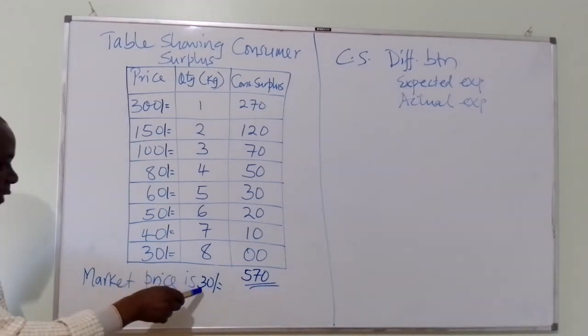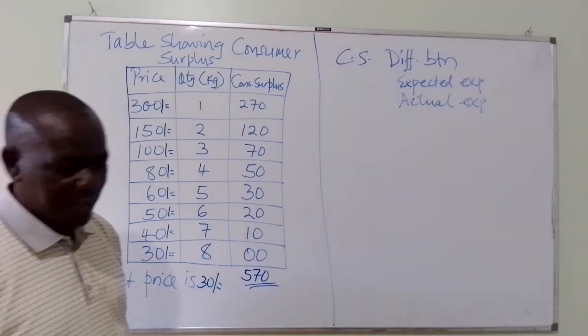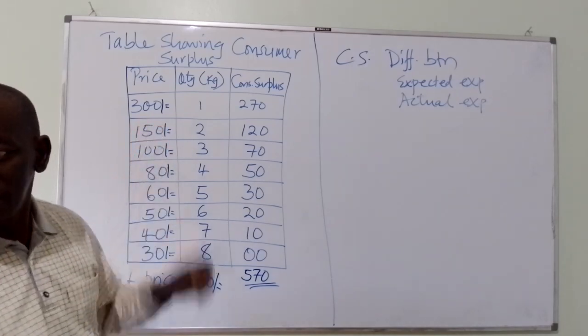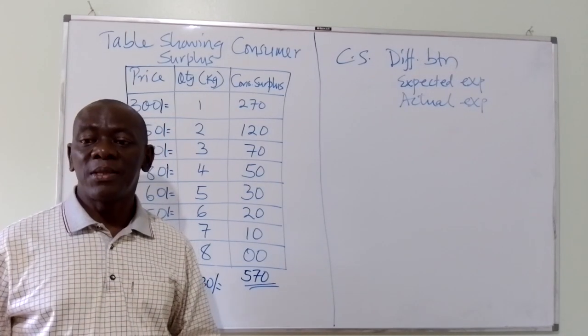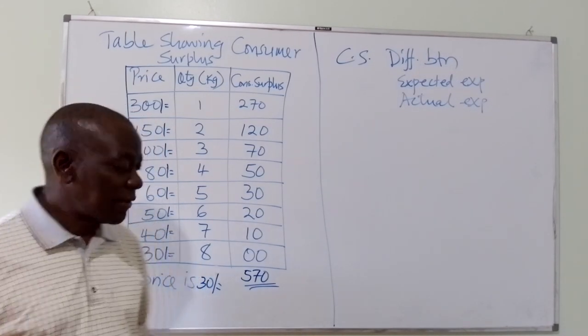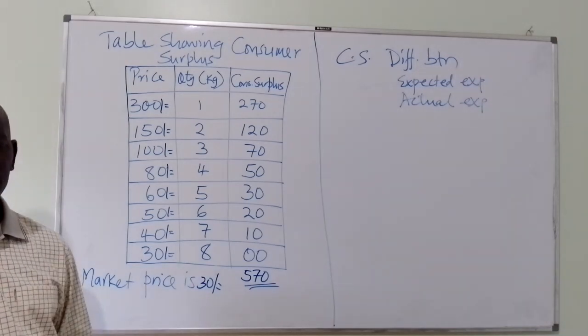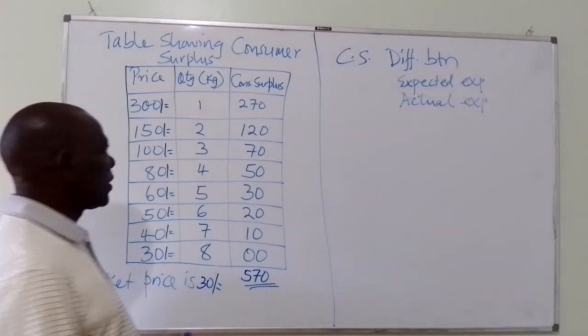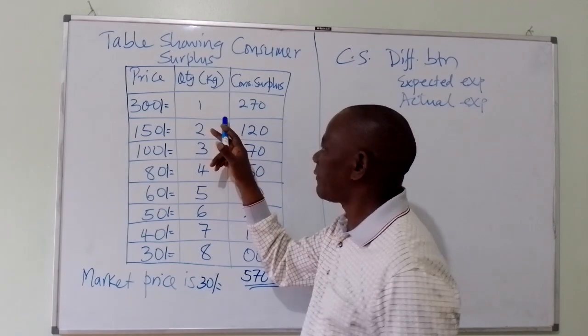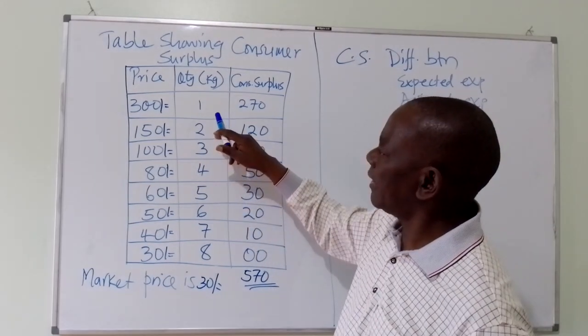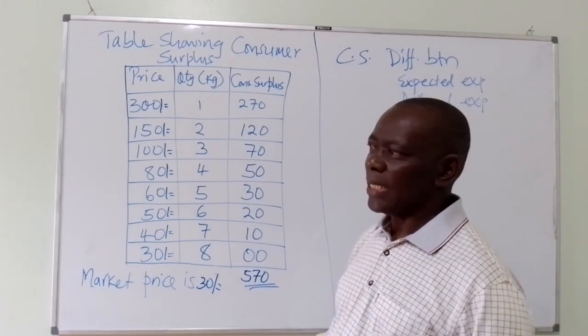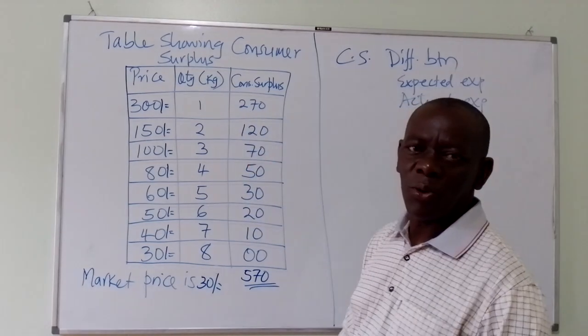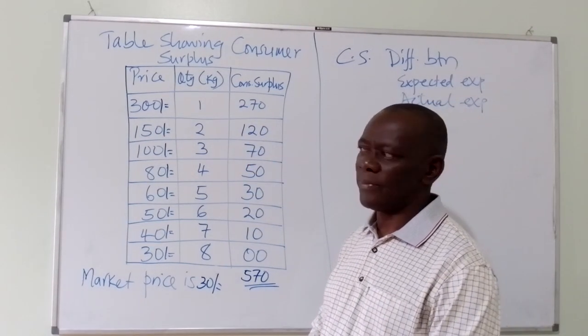The market price is 30 shillings. Remember, his first kilogram, he is ready to spend 300 shillings. Now he finds the price is 30 shillings. So on the first kilogram, he has a consumer surplus of 270.